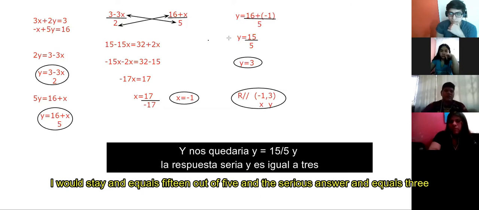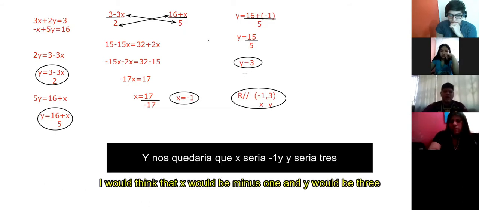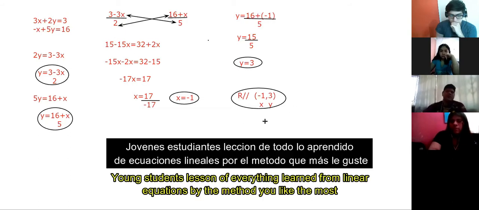I will start equal 15, and the answer is equal to 3. So x will be minus 1 and y will be 3. Thank you for studying this lesson on linear equations.